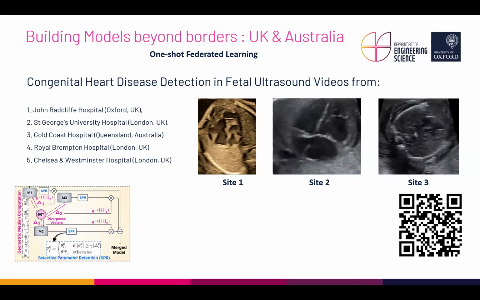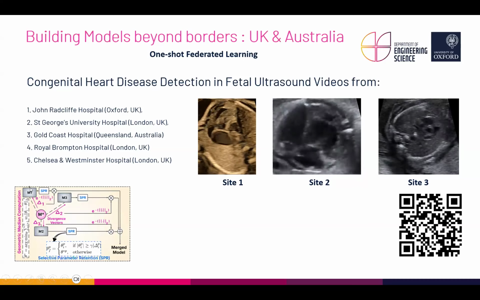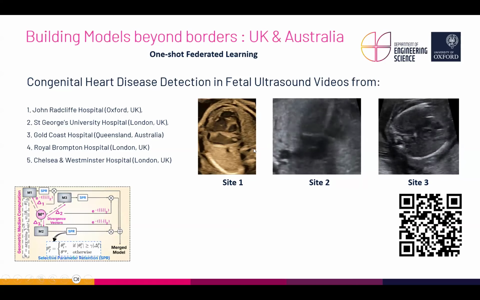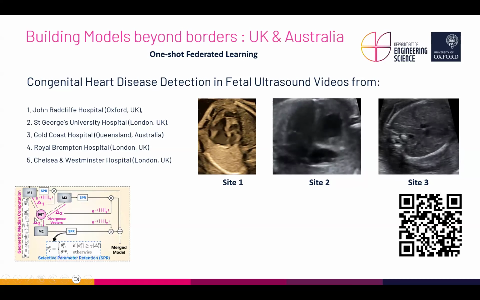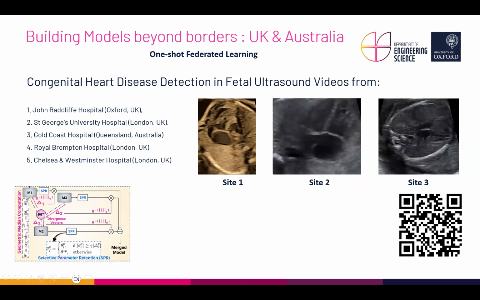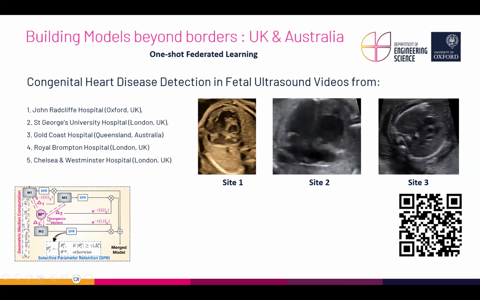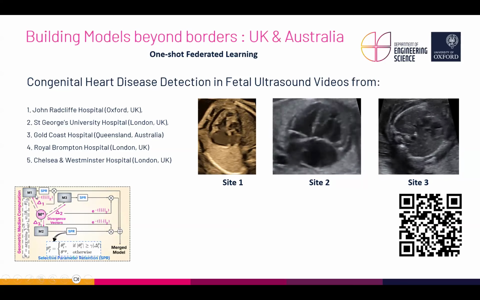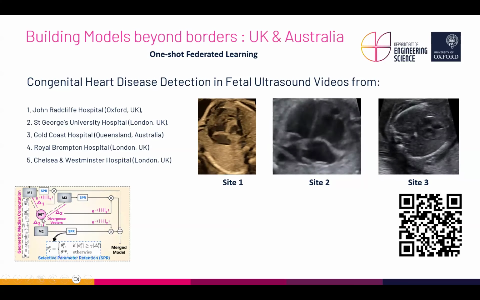We propose something called the model merging technique, where, let's say we have three individual models, M1, M2, and M3, that were individually trained in these different sites. We first compute something called a geometric median to get an aggregation of these different models. Then we subtract the geometric median from these individually trained models to compute what we call a divergence vector, which shows how far my individual models are from a central or global model.